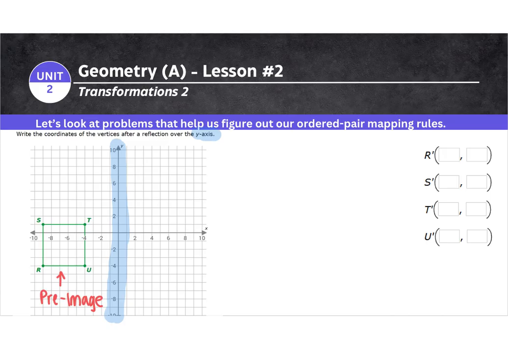And so let's go ahead and label that our line of reflection and go from there. So T, which is in our pre-image, we need to find T prime. And this little tick mark, prime, simply means it's the new point or new image.